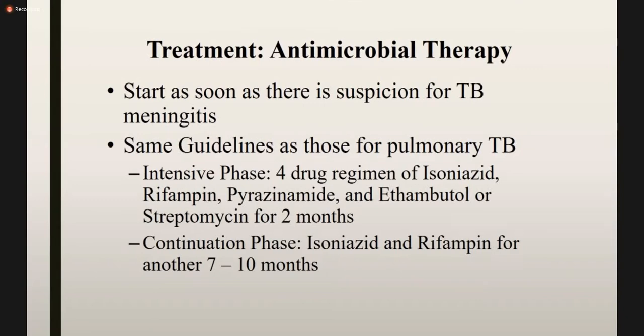You should start with an intensive phase four drug regimen of isoniazid, rifampicin, pyrazinamide, and ethambutol or streptomycin for 2 months, followed by a continuation phase, in which you continue isoniazid and rifampicin for another 7 to 10 months. According to the response of your patient, you can extend your regimen up to 1 year to 2 years.